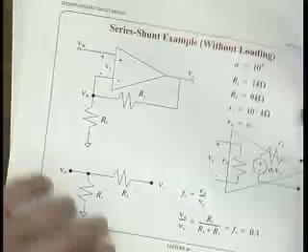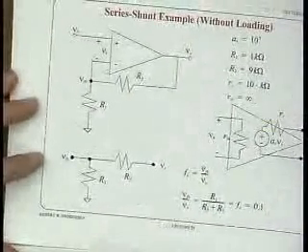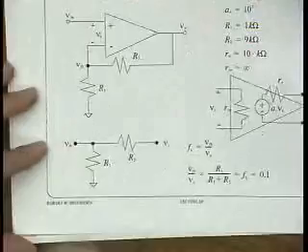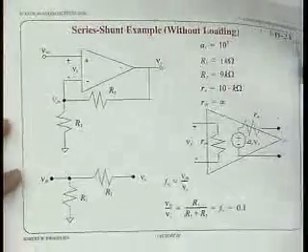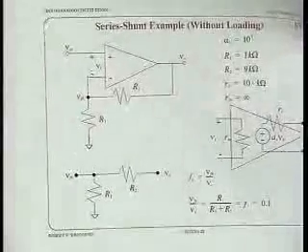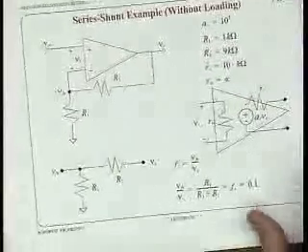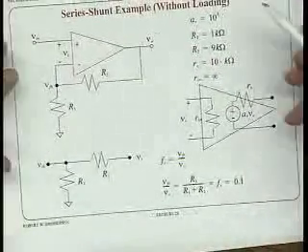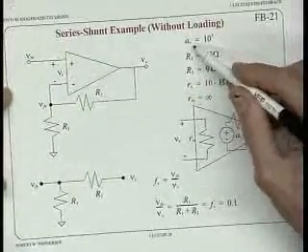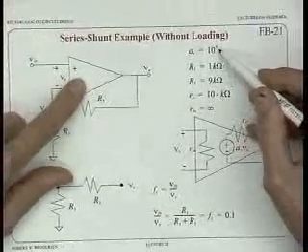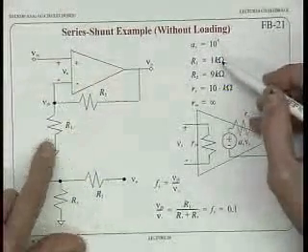Okay, so now let's start doing some examples. This one we've sort of done already. Series shunt I like. That's an easy one, right? But let's just put the numbers in. That's kind of why I wanted to do this. So let's say open loop voltage gain of this basic amplifier is 10 to the 5th. Let's let R1 be 1 k ohm.